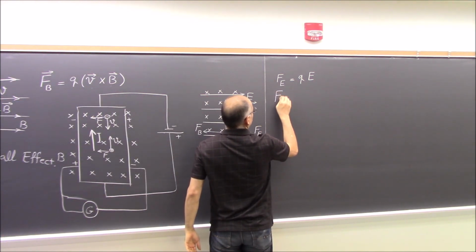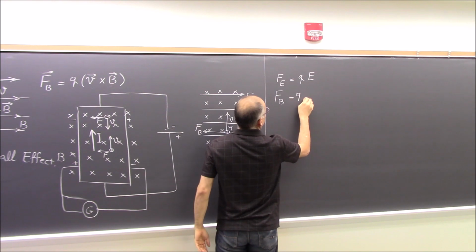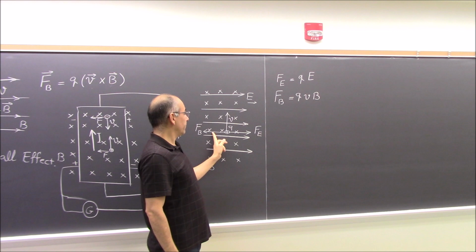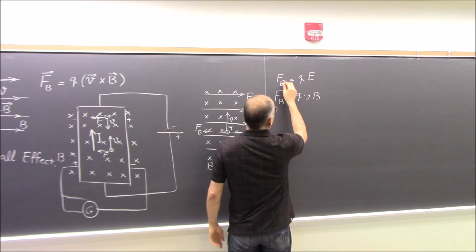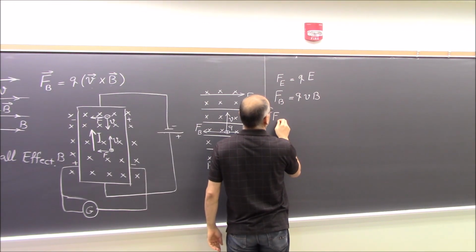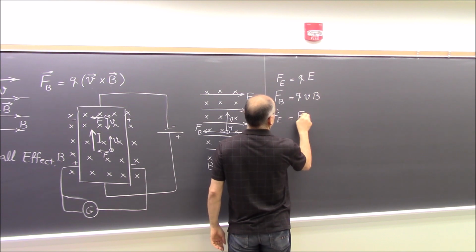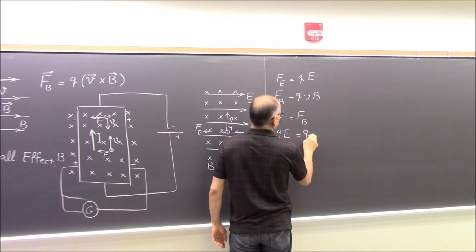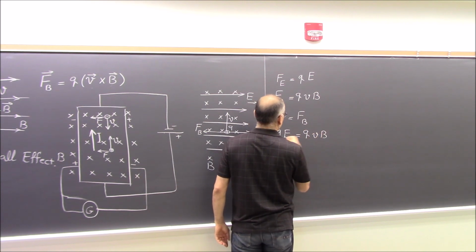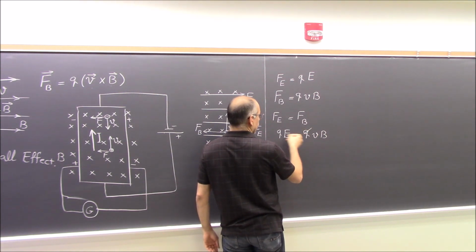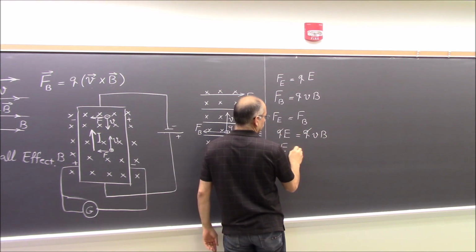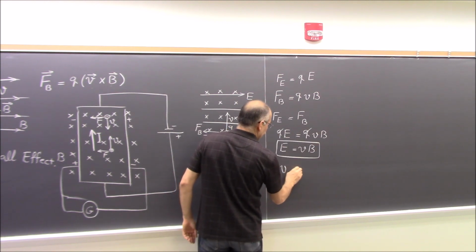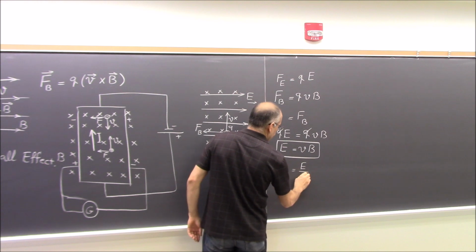So FB will be QVB. If the velocity is in a way that these two balance each other, if you put these equal to each other, FE equal to FB, then QE equals QVB, right? And then Q cancels out. E should be equal to V times B. So V is E divided by B.